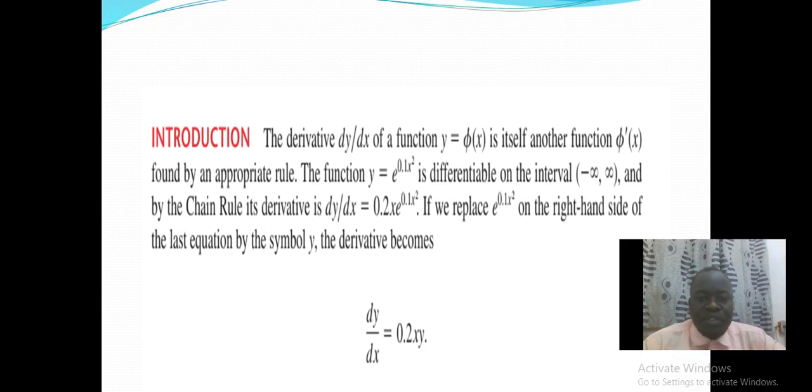The derivative dy by dx of a function y equals y of x is itself another function, y dash of x, found by appropriate rules.